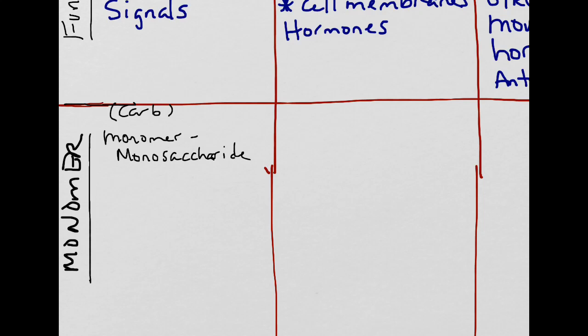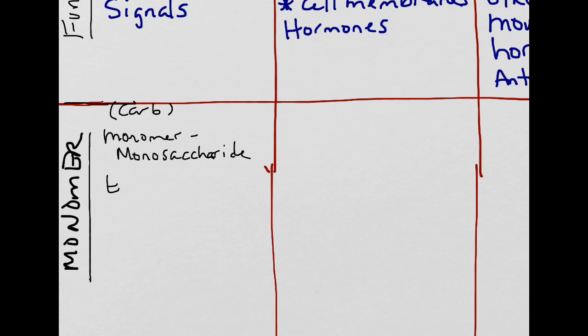Okay, monosaccharide. And that means one sugar. So it's a simple sugar. And the examples we saw in class were, some of them were, I gave you quite a list there, glucose, fructose, galactose.